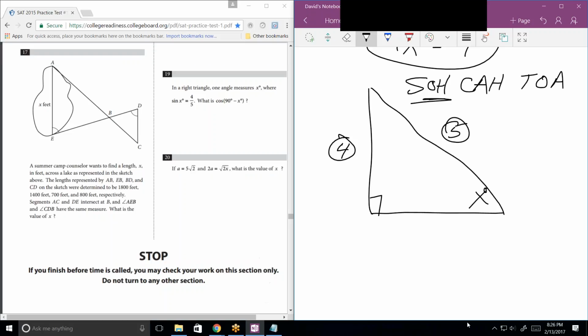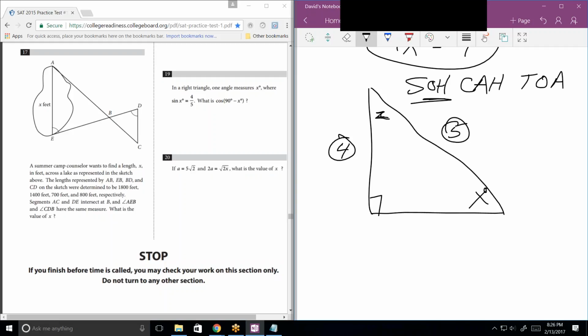Now they want to know what the cosine of 90 degrees minus x is. Well, is that not angle z right there? It is. What's the cosine of angle z? In other words, they want to know the cosine of 90 degrees minus x, but 90 degrees minus x is this other acute angle, which I'm calling z.